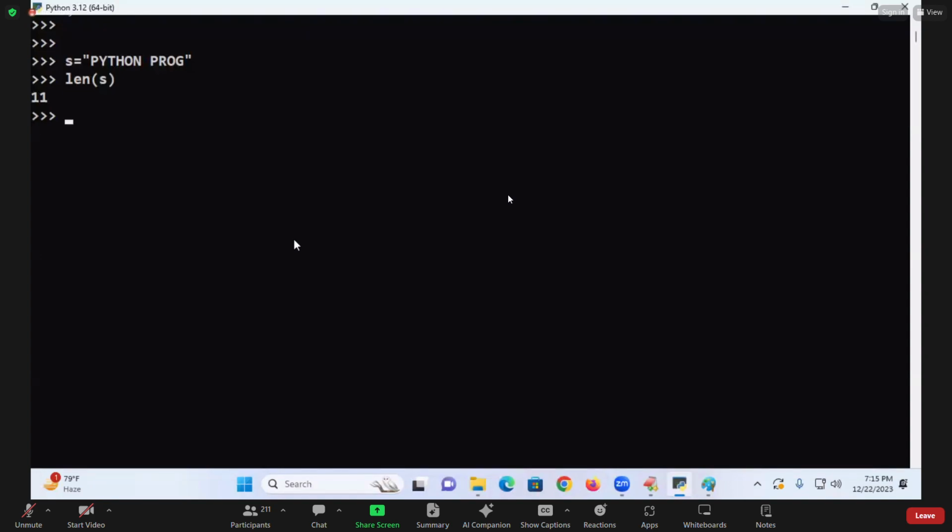So 0 is an index for which letter? P. In our example, P. What is the last letter? G. What is the last letter index? 11 minus 1. 11 minus 1 means what? LN of S minus 1. Every last letter index is length of that string minus 1.